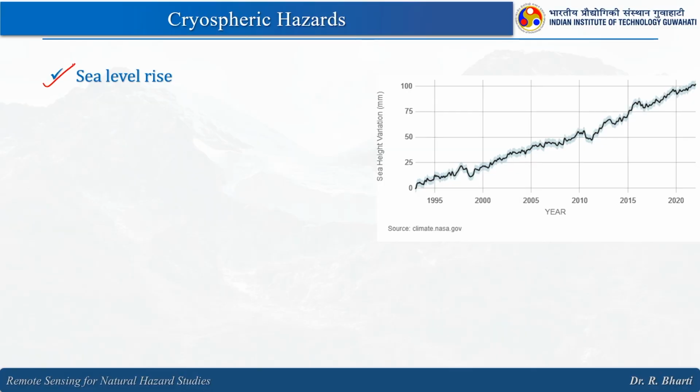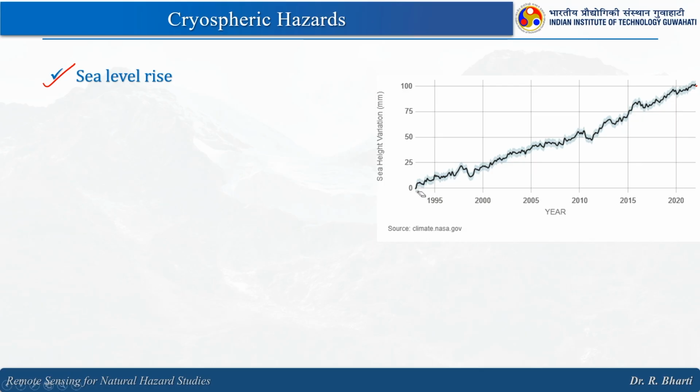Just to show you the impacts of the cryospheric hazards, if we talk about the sea level rise, which is related to the mass balance of the glacier system, this report was published by NASA, and you can see starting from the 1990s till date, there is a change of 100 millimeters in the sea height, right.